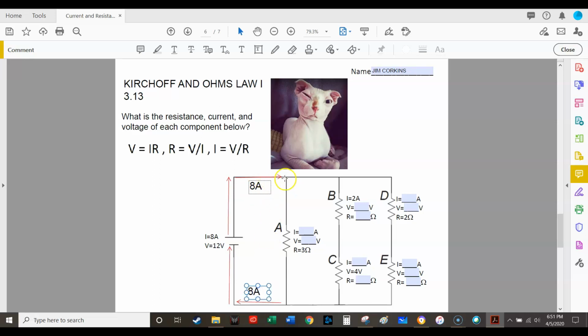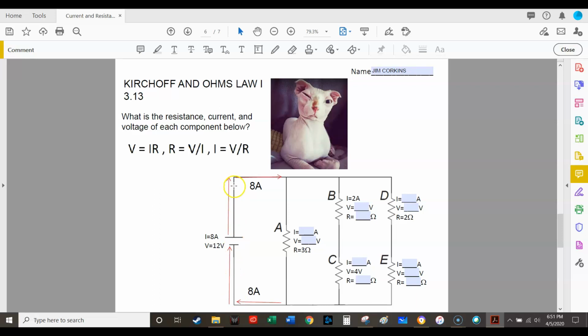So 8 amps is coming in, it hits this junction, and then a certain current is going to travel out to the right, and then it's going to hit a second junction and split. Okay, here we go. We could also apply Kirchhoff's loop rule here too, because this is 12 volts.